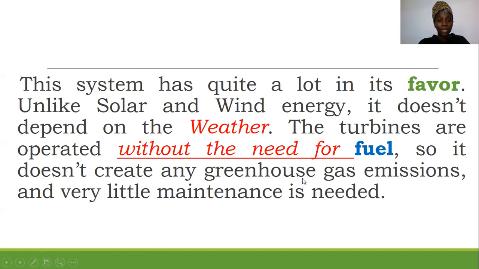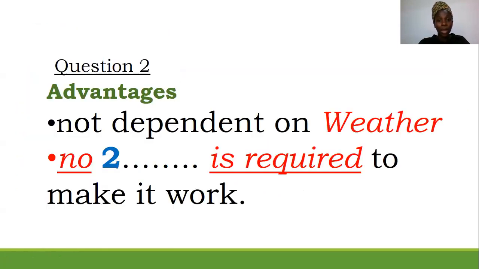So it doesn't create any greenhouse gas emissions. A number of my students chose maintenance, but from this explanation you can see that maintenance is the wrong word. All right, so I want you to apply this in your practice.